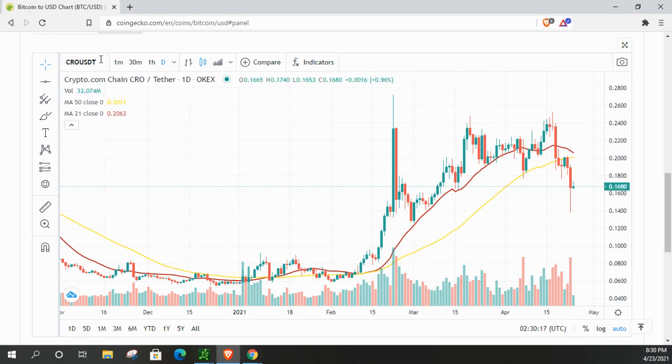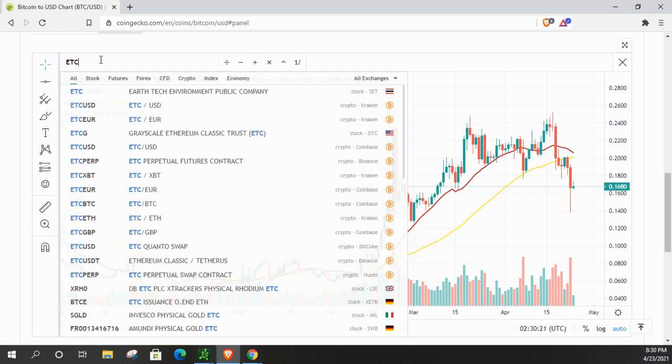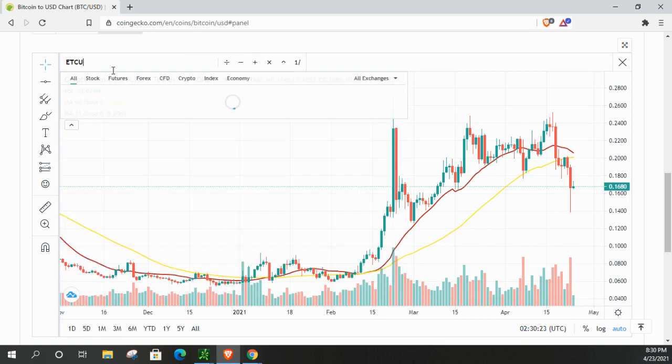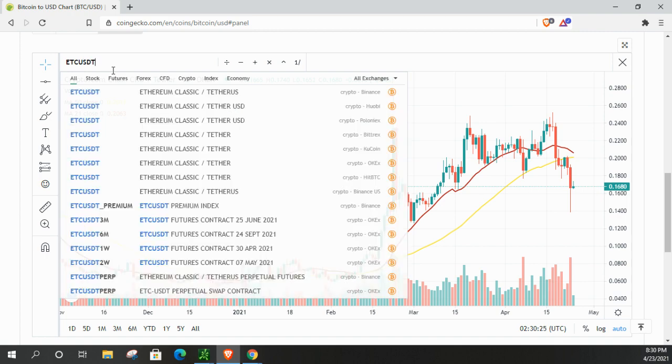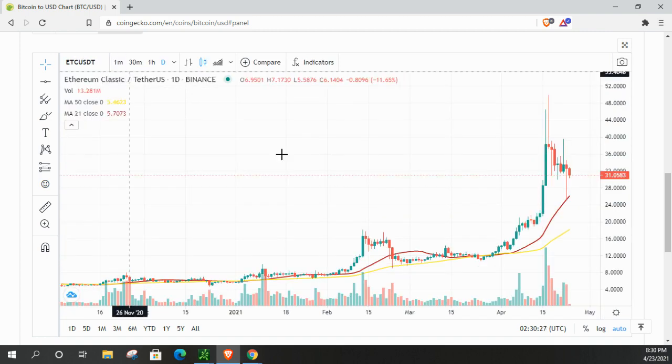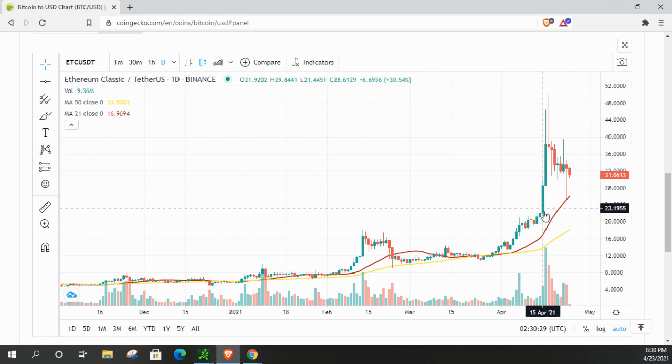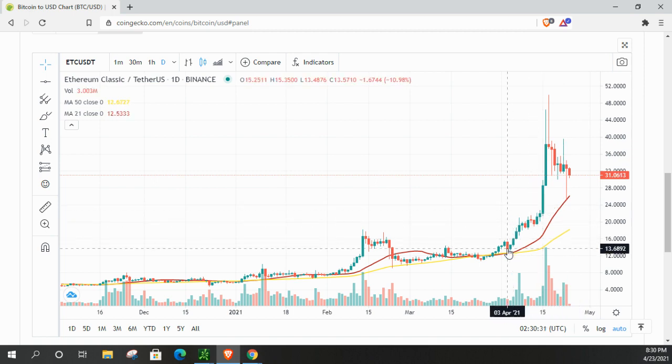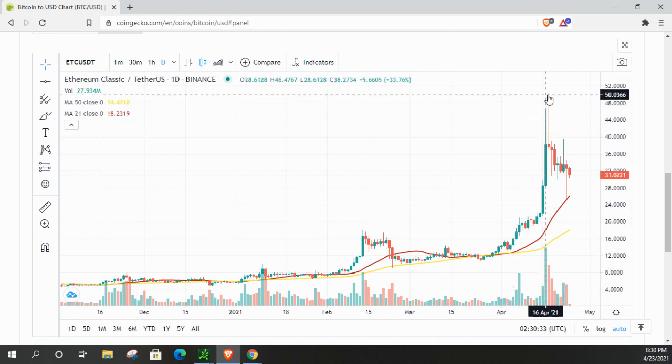And then last but not least, let's look at some ETC, a little classic action, Ethereum Classic. Once again, we had a nice move off that 21. Made some good money. Went up to 50.